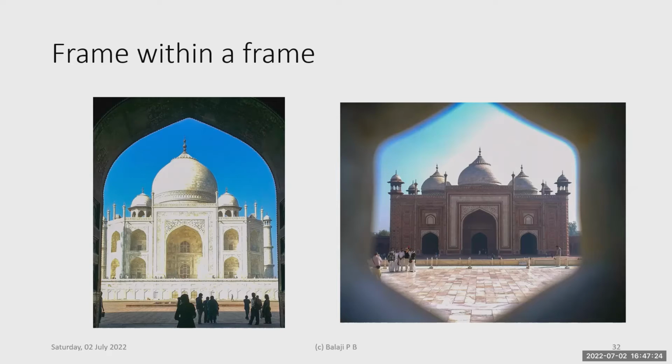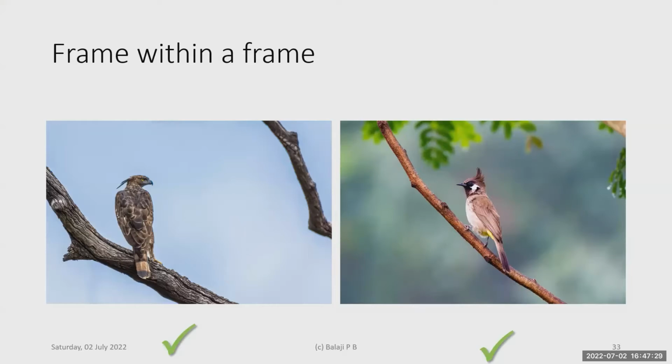And even in the natural world, we can always look for frames. In this case, there was a crested hawk eagle, naturally framed by these two diagonal branches. I saw this bird in Chinnar in Kerala, where I photographed it.